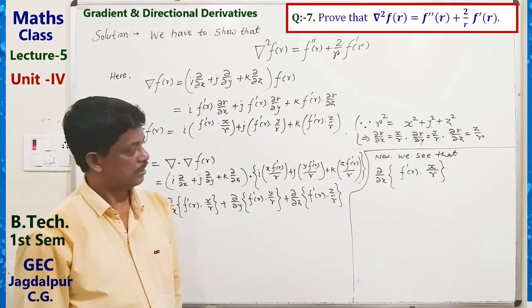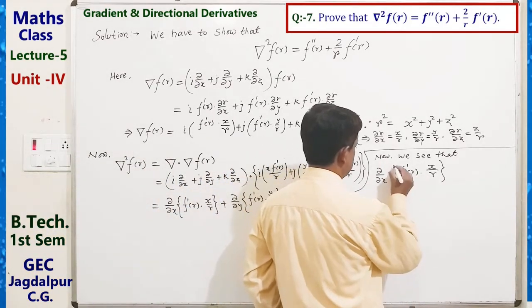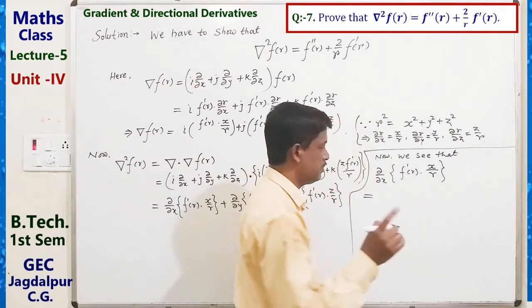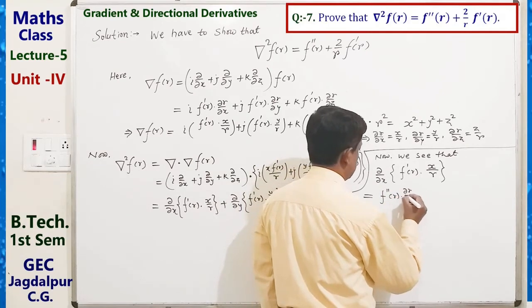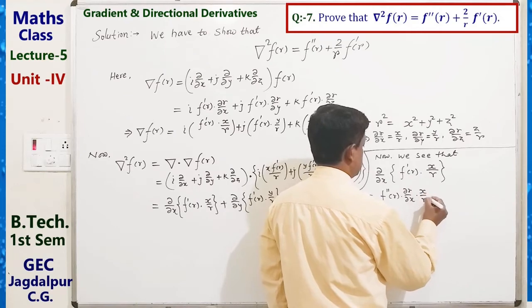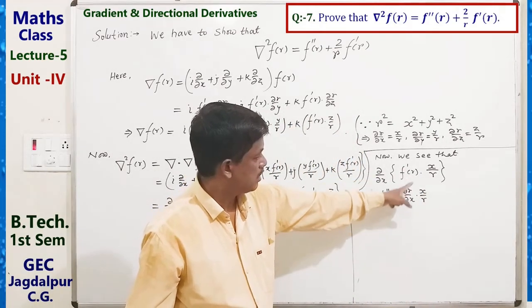Clear? First function, second function. This is equal to the first function's derivative, f double dash r del r by del x, into x by r.